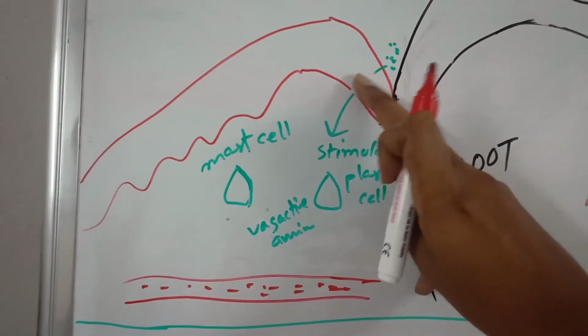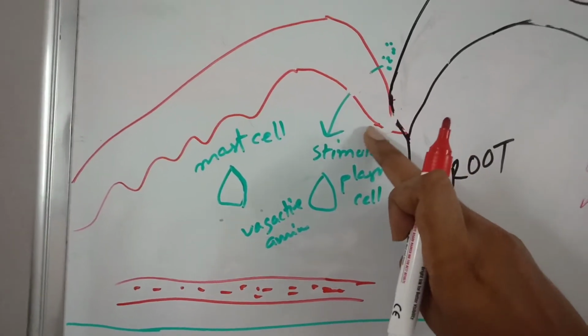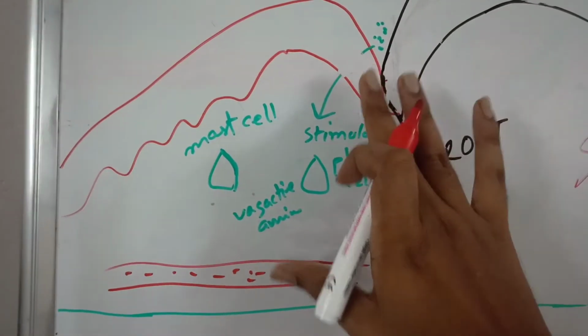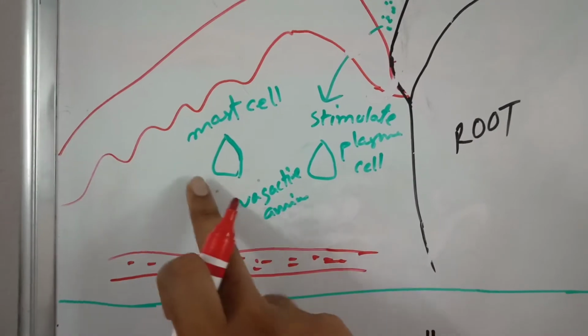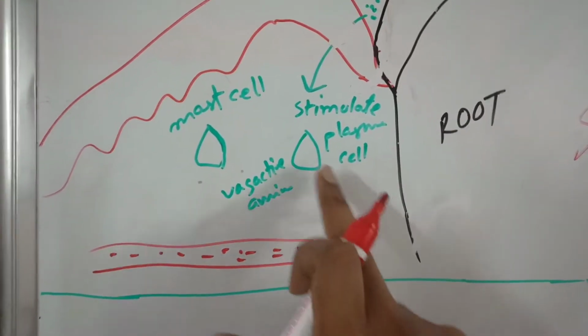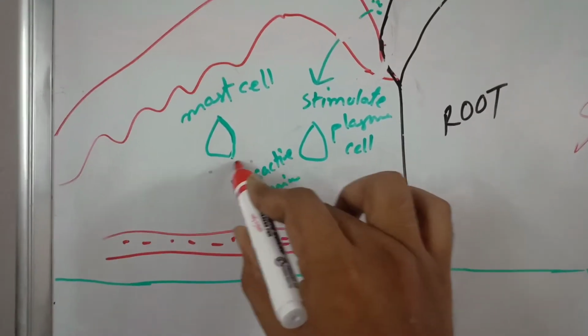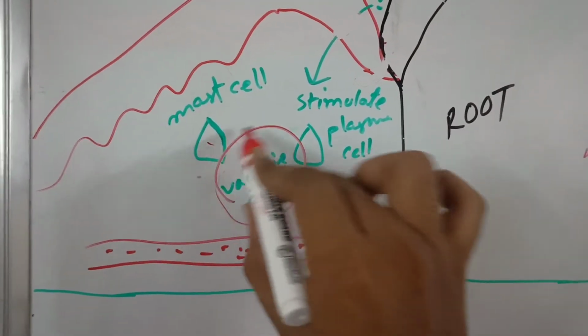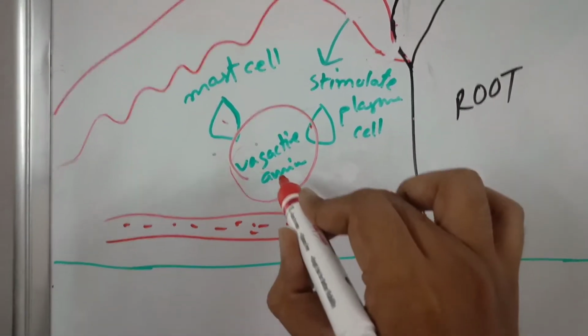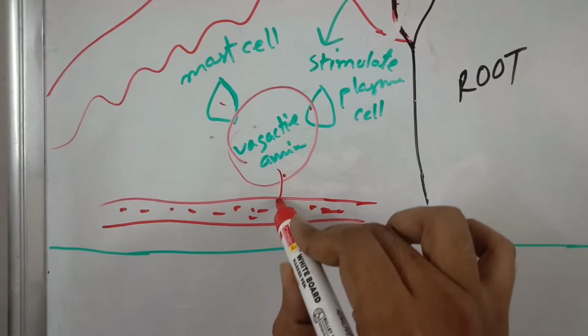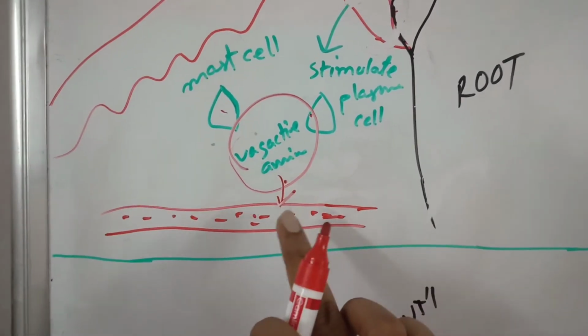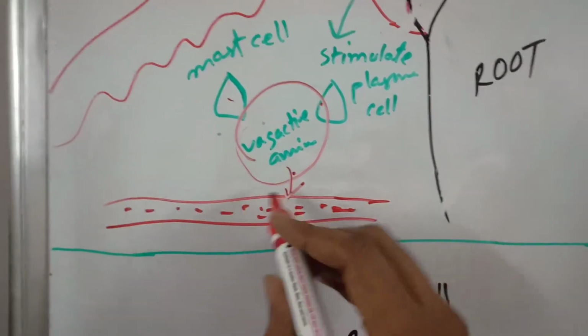Toxin will enter through the junctional epithelium into the connective tissue, and it will stimulate the mast cells and plasma cells. These cells will secrete vasoactive amine. This vasoactive amine will work on blood vessels, and what will it cause?